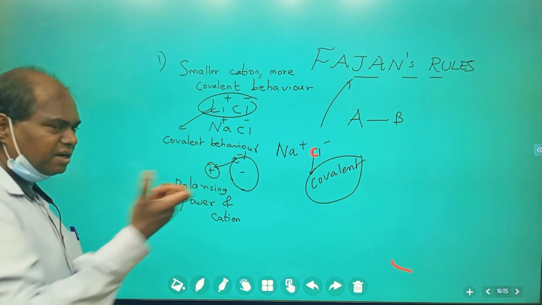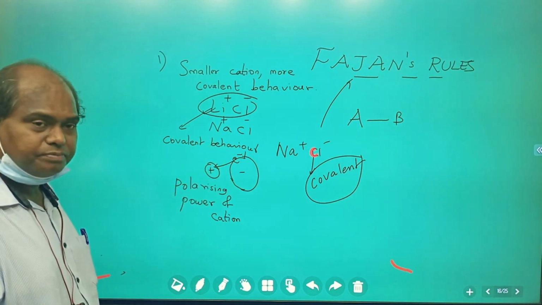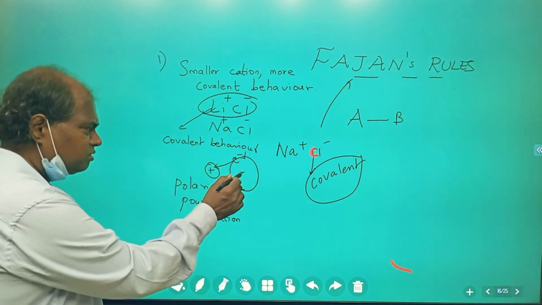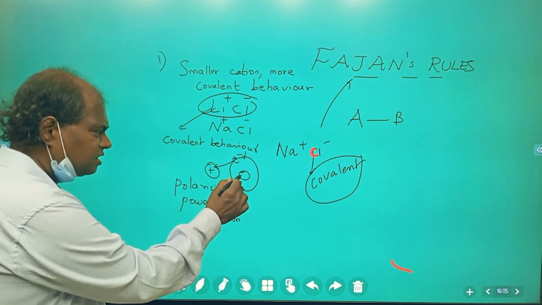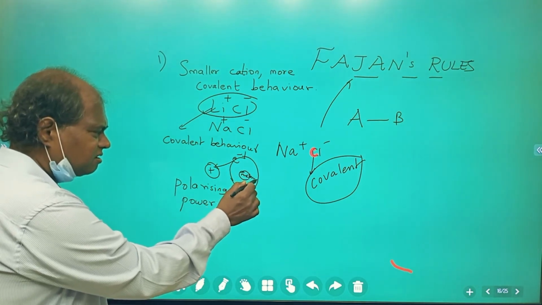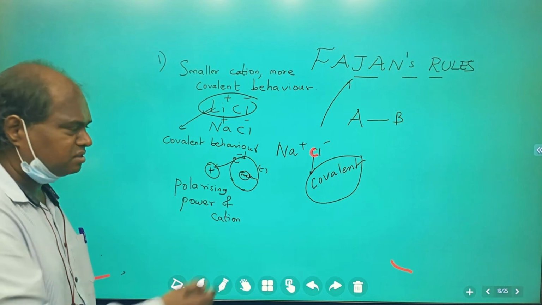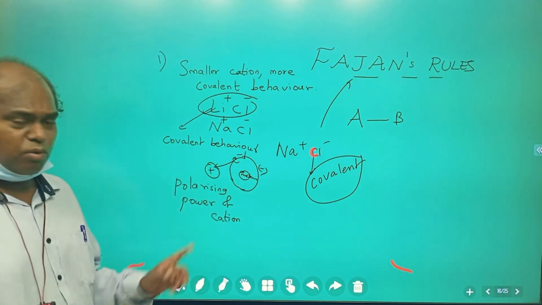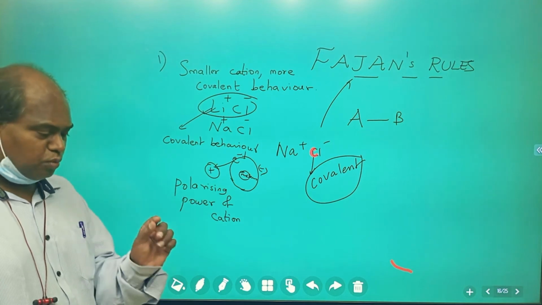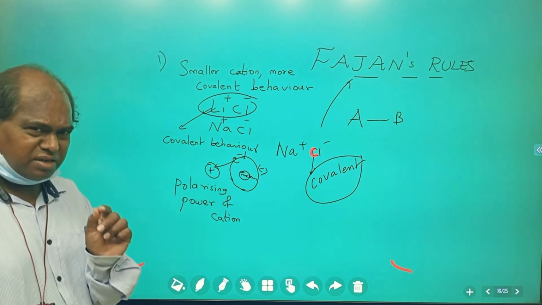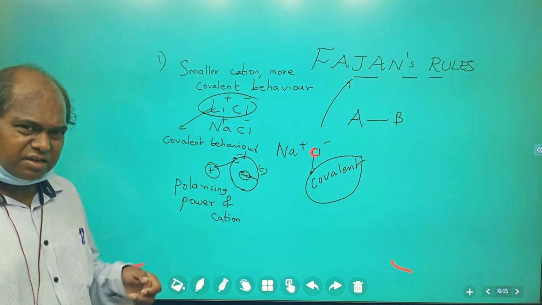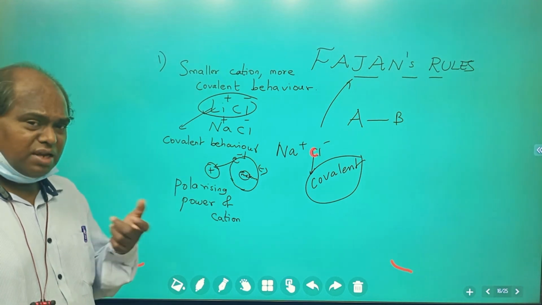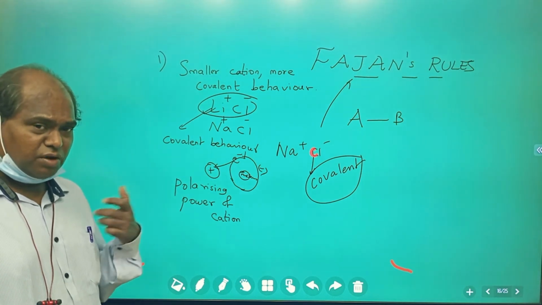Because plus and minus attract. This is the nucleus in the center, and this is the anion. So if the cation is very small, it will pull more effectively.